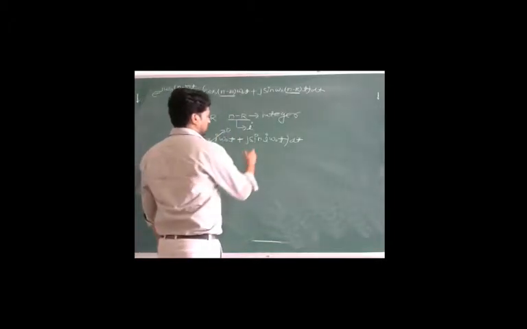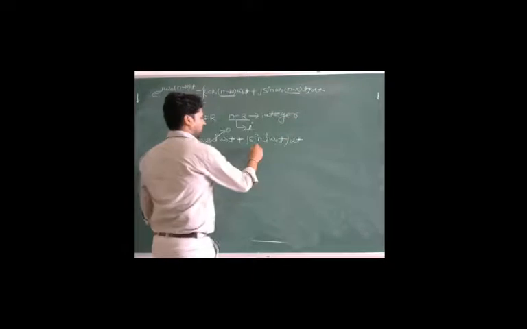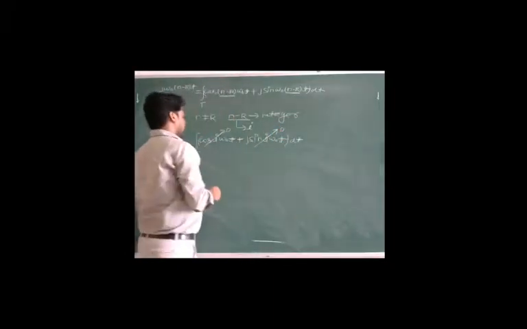Integration of sine of an integer times omega naught t over one time period will also be 0. So this integration will result in 0 when n is not equal to k.